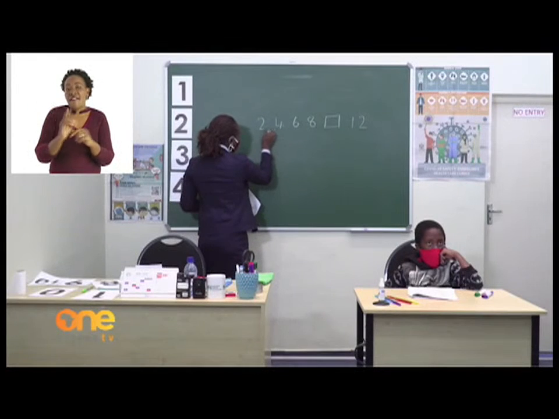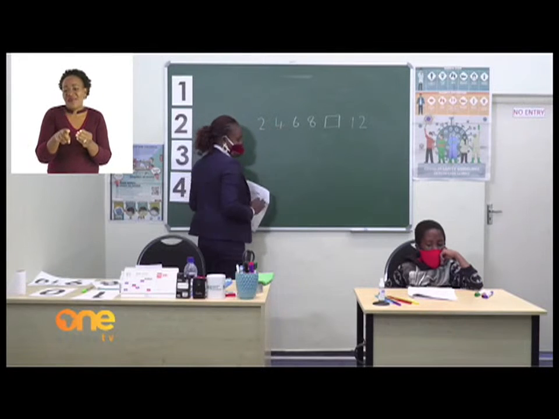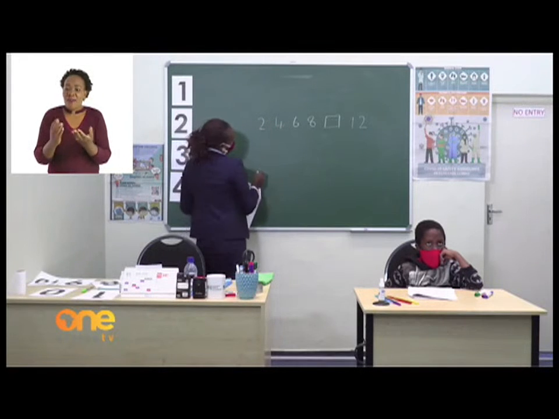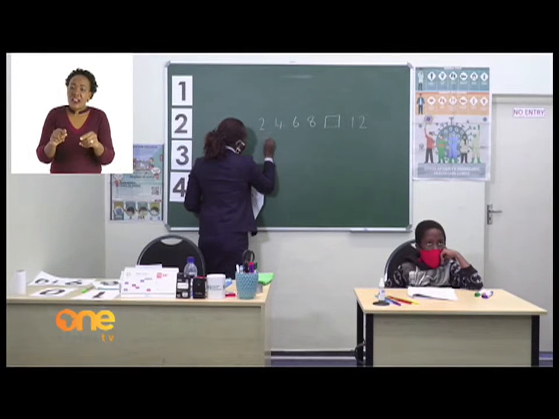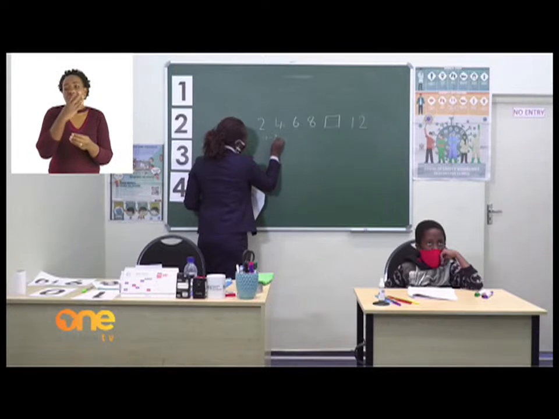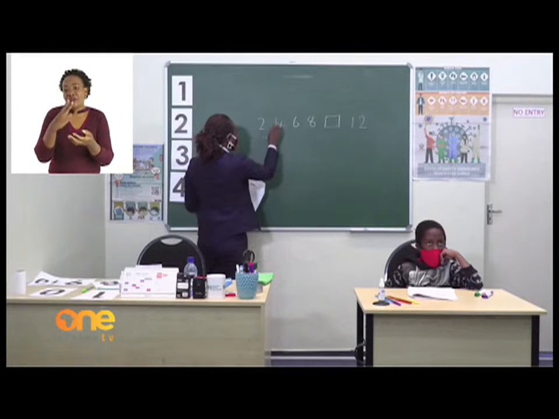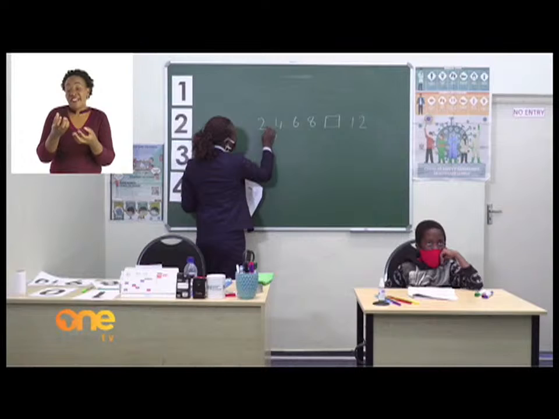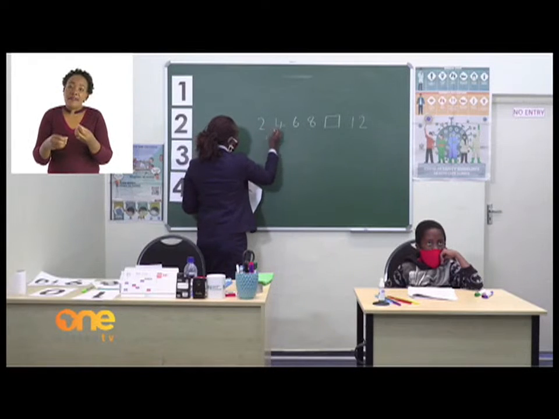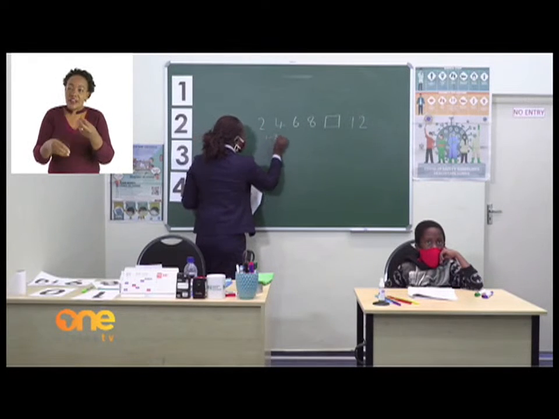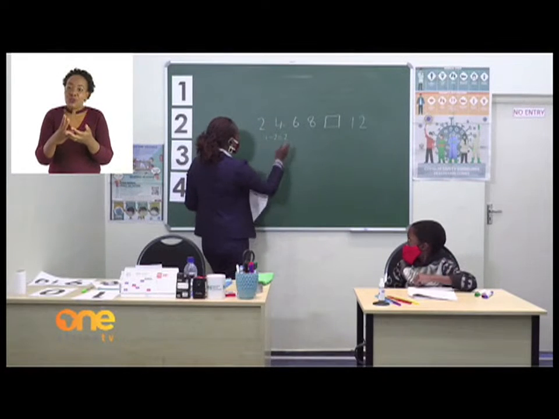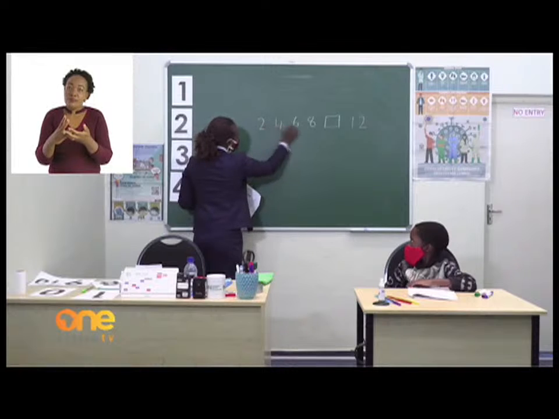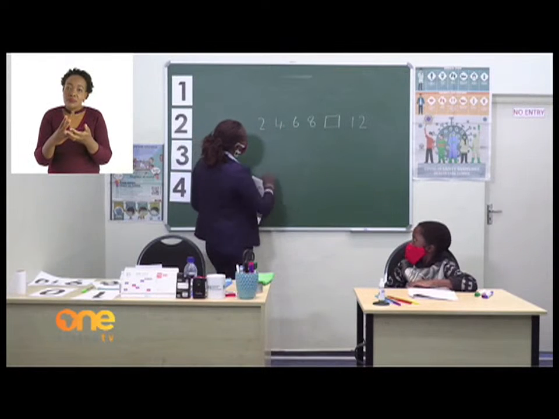First, we want to check the number between 2 and 4. How many numbers did they add? So we say 4 minus 2 to get the numbers which were added here. So if we say 4 minus 2 equals 2, it means they were adding 2.